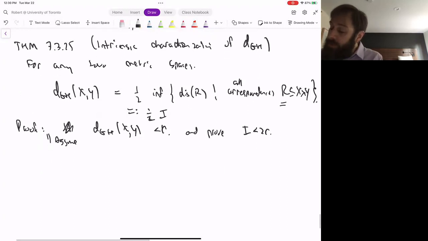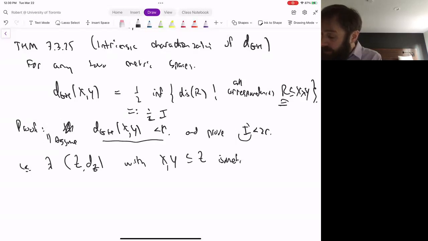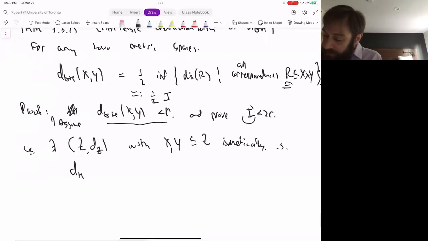And so basically, you assume the Gromov-Hausdorff distance is small, and you need to define some relation which gives you this upper bound that you want on r, i.e., there exists some Z with X and Y subsets of Z, isometric embeddings, such that the ordinary Hausdorff distance, or the Hausdorff distance with respect to d_Z, my notation is lousy, I don't know where to put the d_Z.